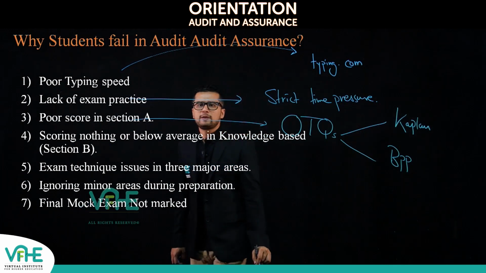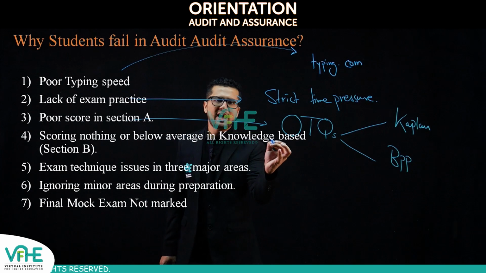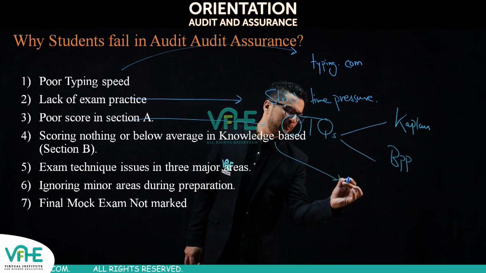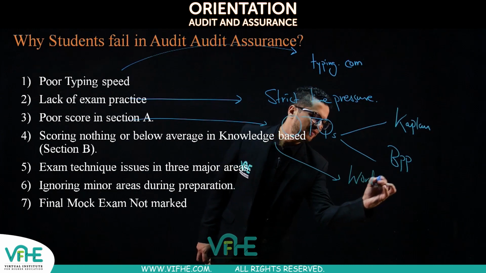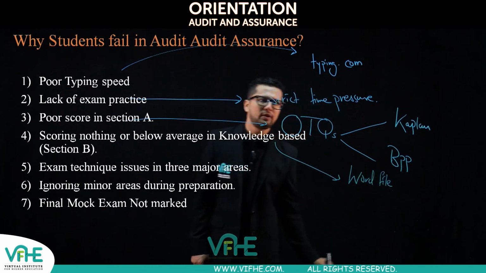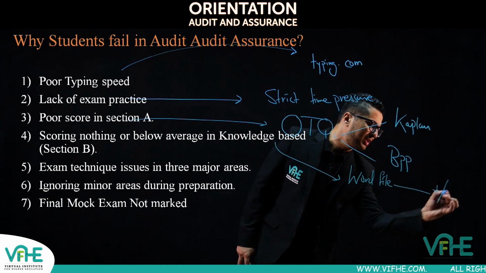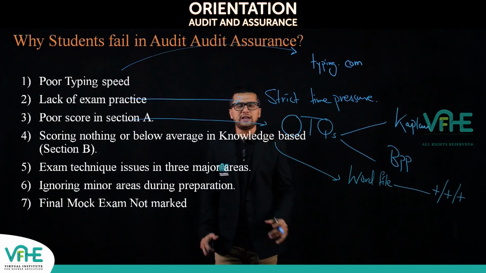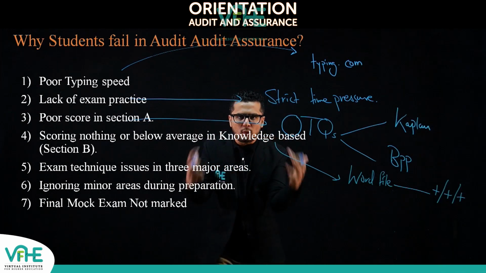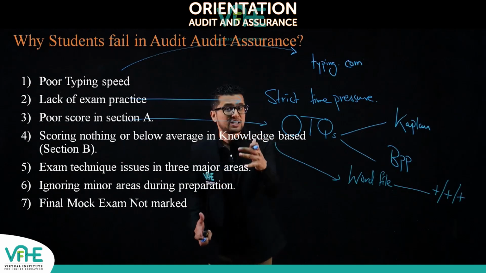What about scoring nothing or below average in knowledge-based questions? As far as the knowledge base is concerned, you have to make a Word file on your laptop and add knowledge-based things to it. You have to add something daily. If I teach you chapter number 1 today, you have to realize what knowledge base is there in chapter number 1.